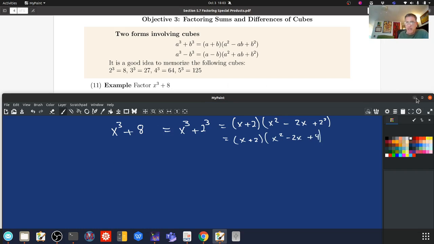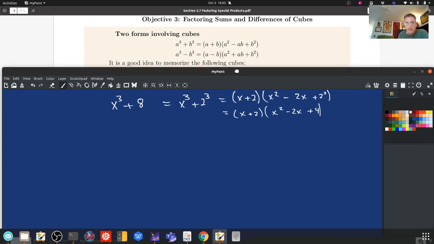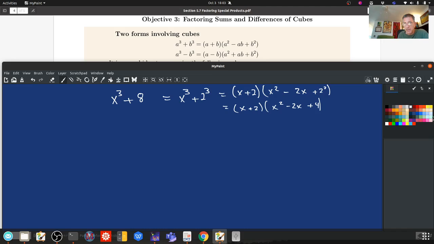So let's do that again. Let me go a little bit slower here. So x cubed plus 2 cubed. So underneath, let's write my formula.